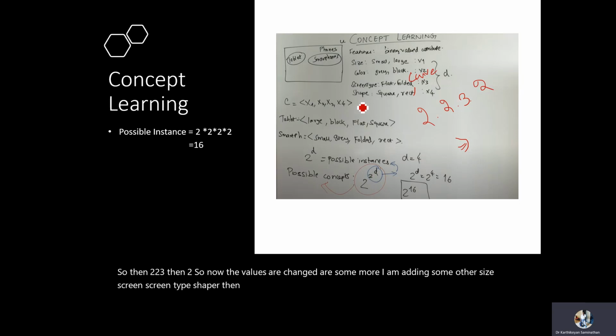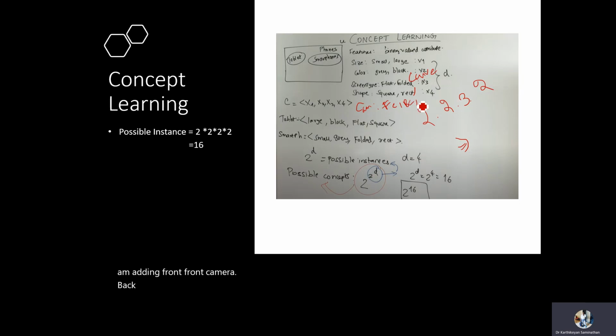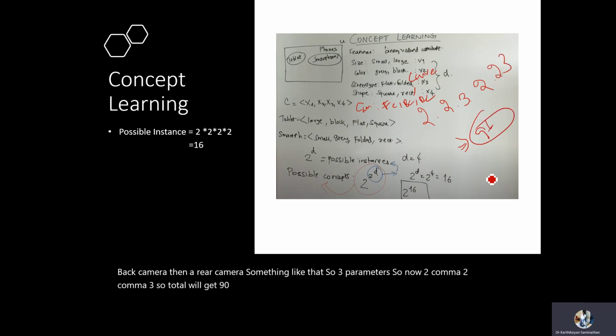Then I can add a camera: front camera, back camera, rear camera. So now 2, 2, 3 and the other values, and totally you will get 96 instances. Then the target concept count is 2 power 96.